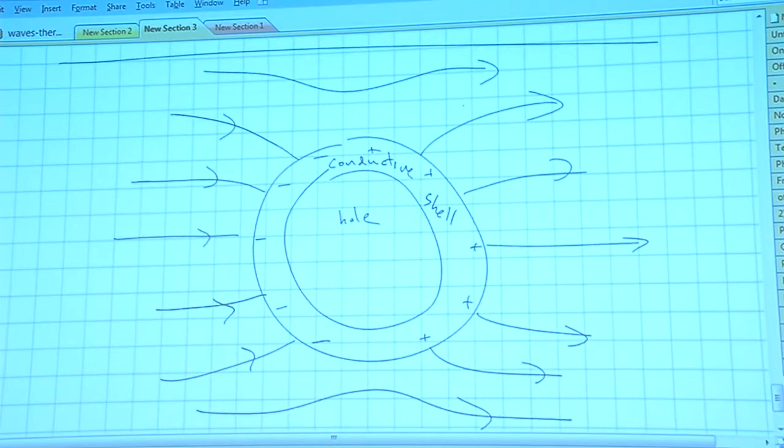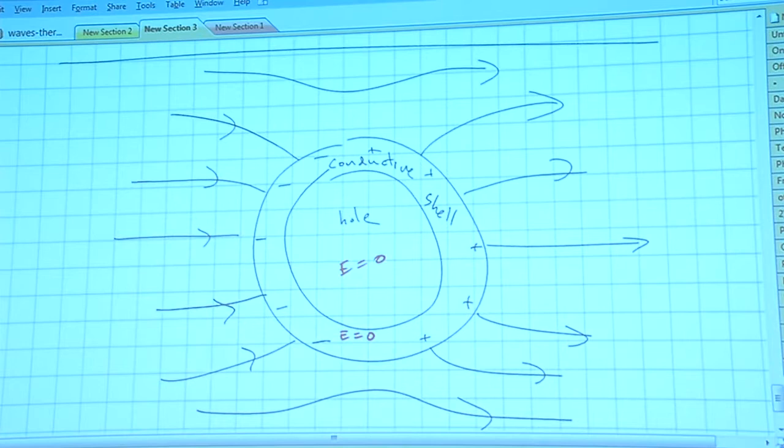Okay? And inside both, in the conductor and in the hole, E would be 0. The only way you can get an electric field inside the hole, inside the cavity of a conductive shell, is if you have a charge in there. Okay, that's the only way. It's not going to come in from the outside.